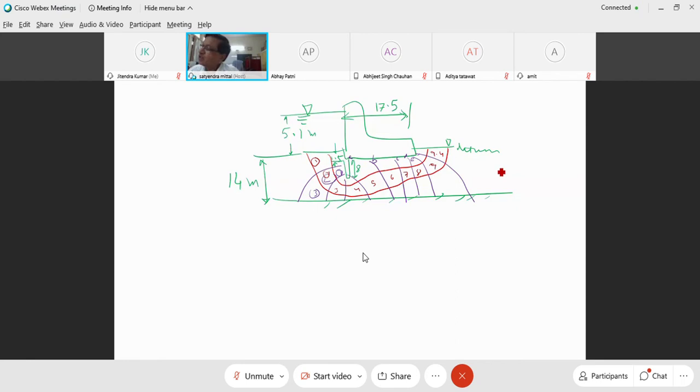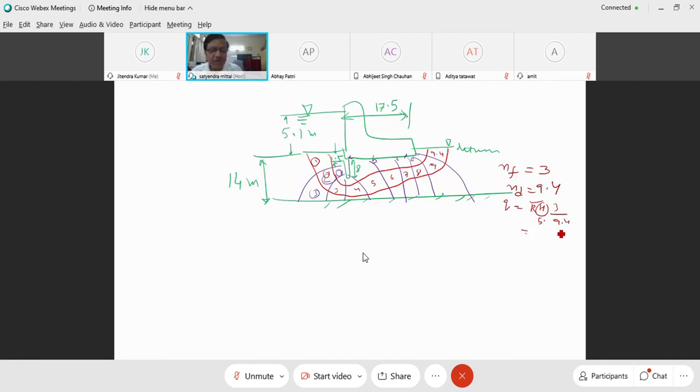So here NF is equal to 3 and ND is equal to 9.4. So Q you can calculate, K is given to you, and Q is equal to K, H is 5.1, NF upon ND. So you get some value.